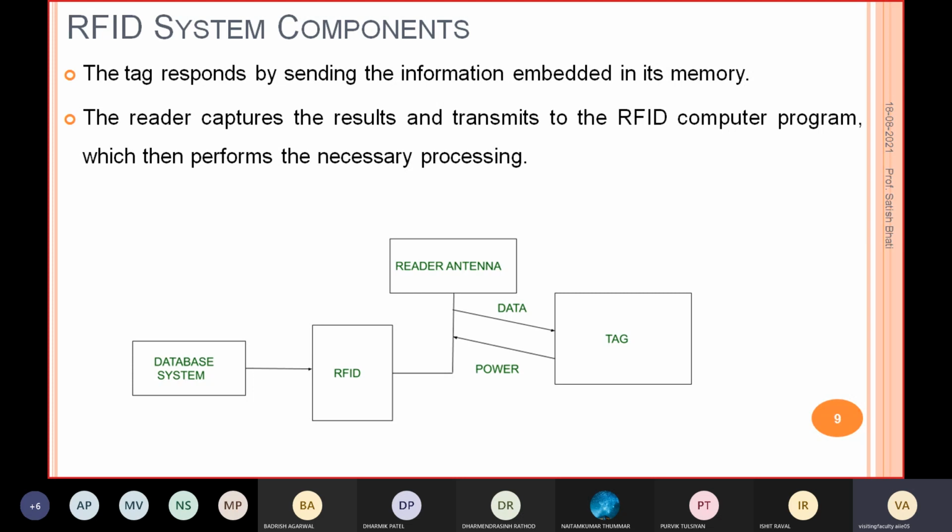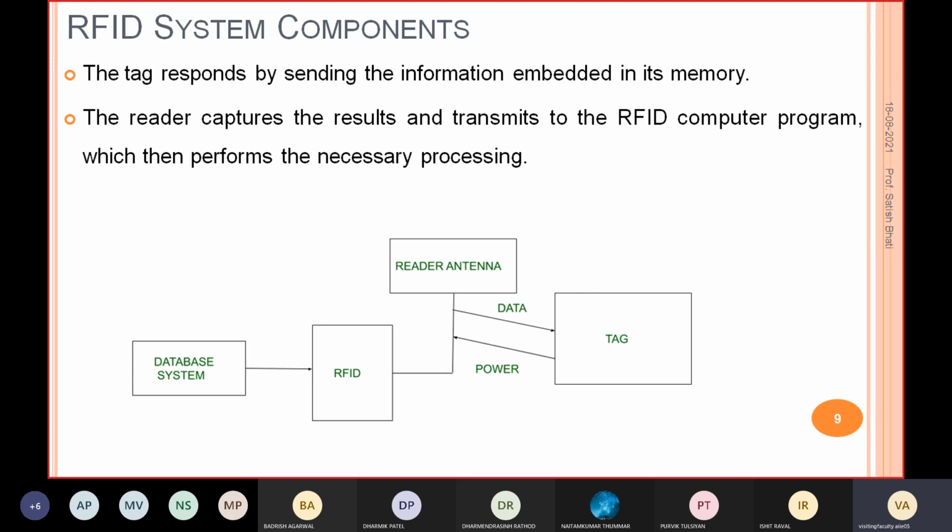That power it will get from the reader. In some cases the tag also has an inbuilt battery, but in some cases it receives the power from the reader. That's why in the figure you will see two arrows, one for data and the second for power, right?